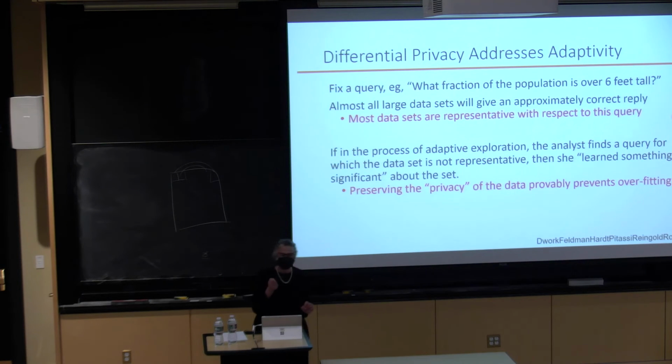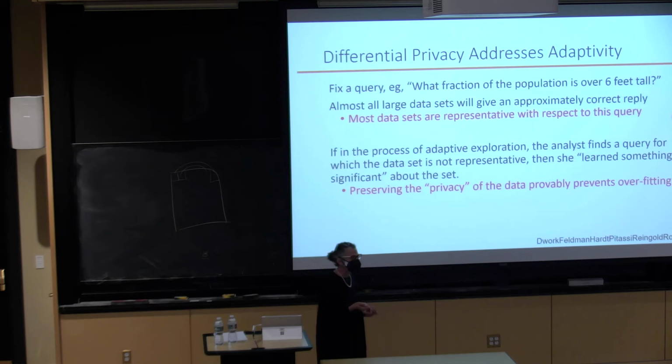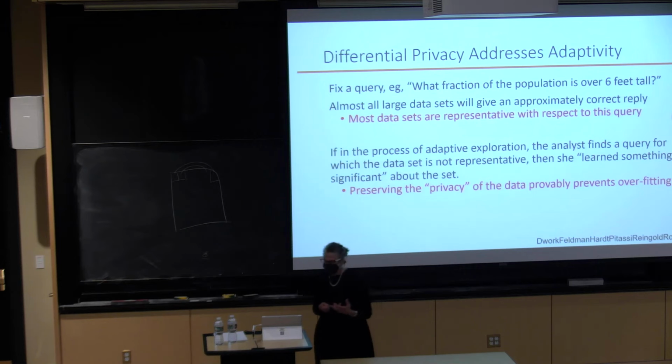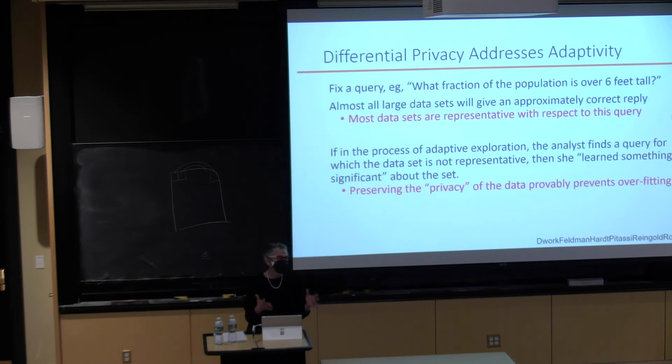Since that is so unlikely to have happened with an independently chosen data set, it means that she probably learned something very significant about the data set. And that's how she was able to create that query that had that property. So in an intuitive sense, preserving the privacy of the data will provably prevent overfitting. And that intuition is correct.